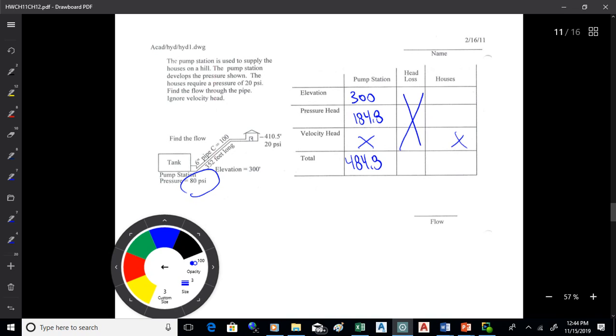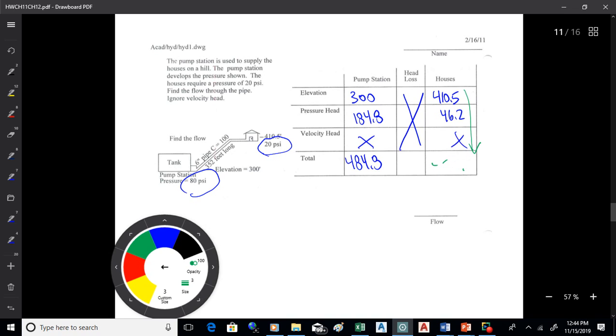All right. Now on the other side, the elevation there is 410.5. The pressure head is the required pressure head. That's 20 psi, and that pressure head is 46.2. So on this one, I know what's happening at the second point also. The total energy there is 456.7. Okay.